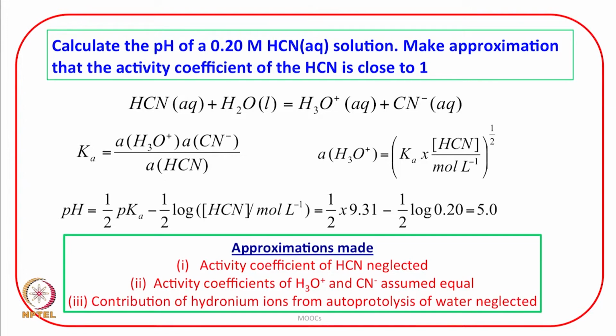The third one is, as I discussed in the previous lecture, that for H3O plus itself, the contribution to this concentration, that is the amount of H3O plus formed from autoprotolysis of water, we have neglected, because water itself, as we discussed earlier, due to autoprotolysis may contribute some amount of H3O plus.